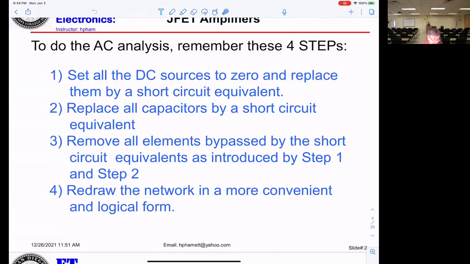Number 3, remove all elements bypassed by the short circuit equivalent as introduced by step 1 and step 2. Redraw the network in a more convenient and logical form. That is the process before you start with the AC model.